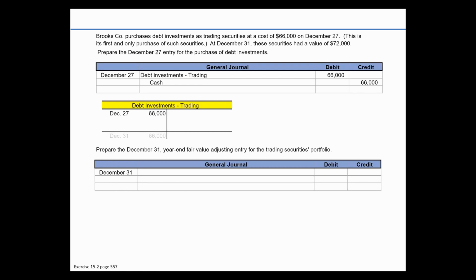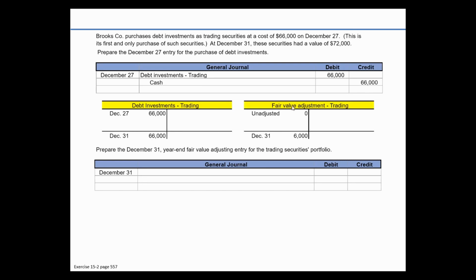So in order to do that, fair value adjustments trading starts out with a $0 debit balance, because this is the first time that we've purchased any securities. So we start off with zero, and then we're going to have to make an adjustment because these have an unrealized increase in value.